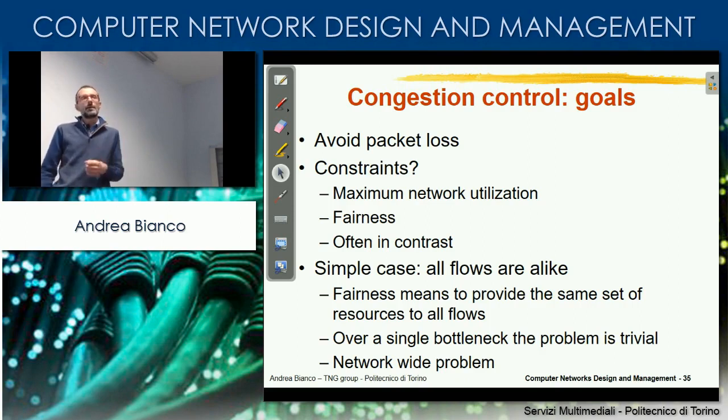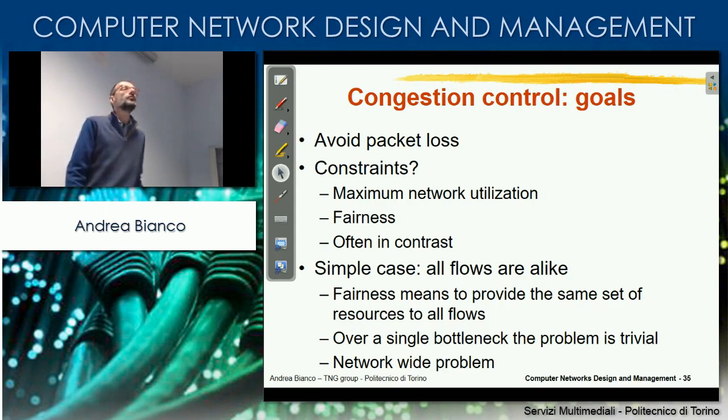So what we really would like to have is a network in which the buffers are always loaded with few packets, so that you keep the queuing delay low, you avoid losses, and at the same time you always have something to send so that you are able to exploit the capacity. Of course, if you have enough traffic. If you don't have enough traffic, the network is going to be underloaded, but you will not have any congestion problem. Okay.